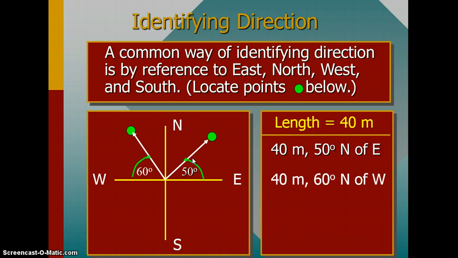Then we have another point right here, and it goes northwest to the opposite side, and it has a 60-degree direction. The magnitude should be the same, which is 40 meters, but it went 60 degrees northwest.